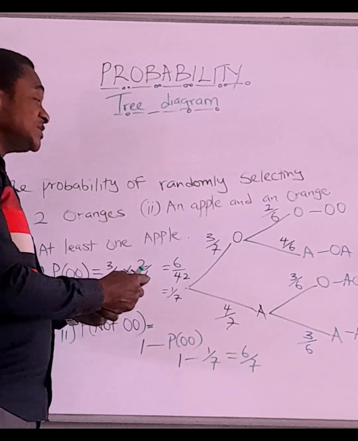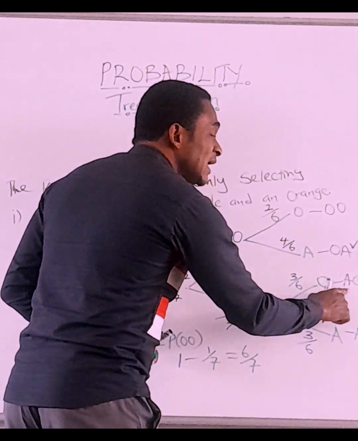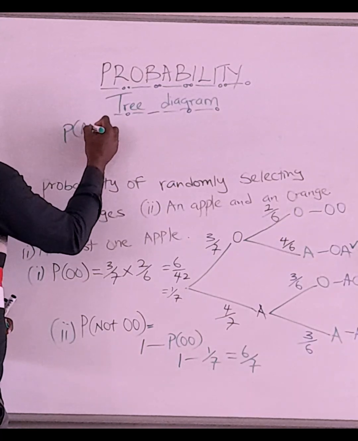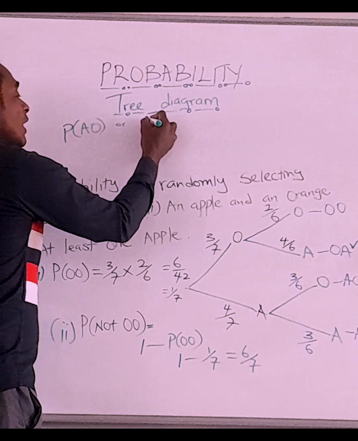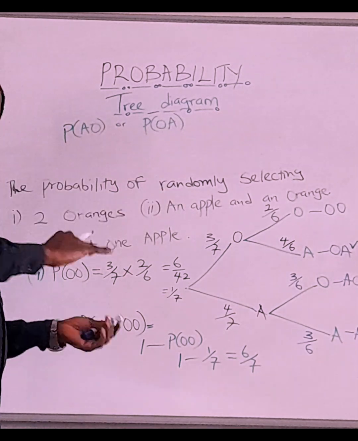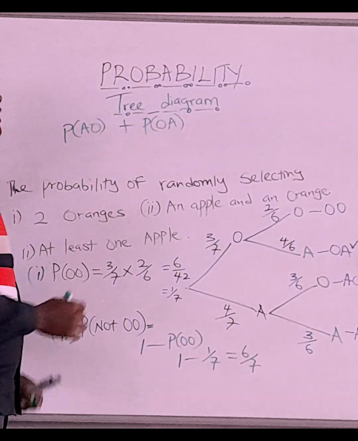They didn't give us the order. So we must consider all the cases where we have one apple, one orange, or one orange, one apple. So I would say it can be probability of an apple before an orange, or probability of an orange before an apple. And that translates to plus.